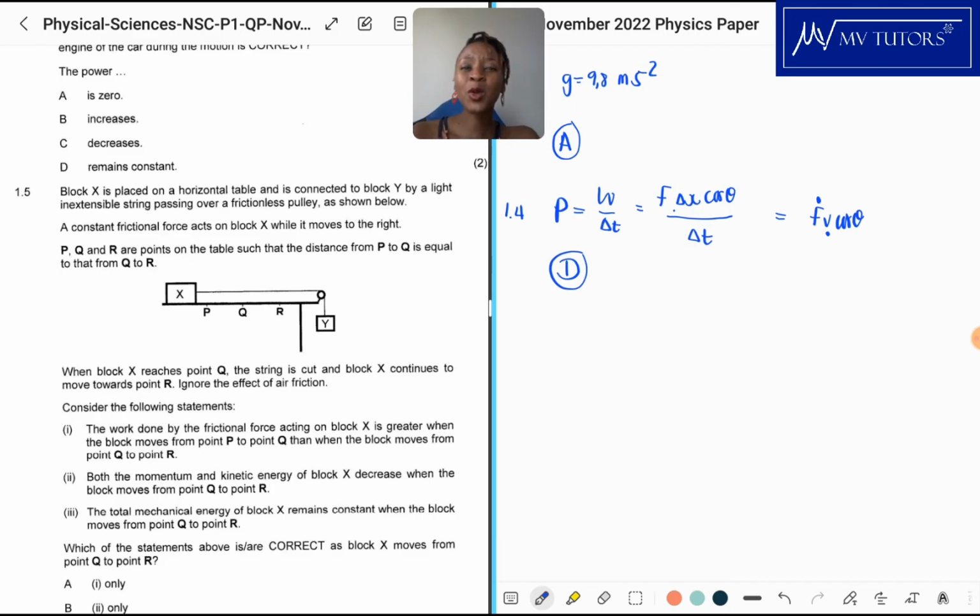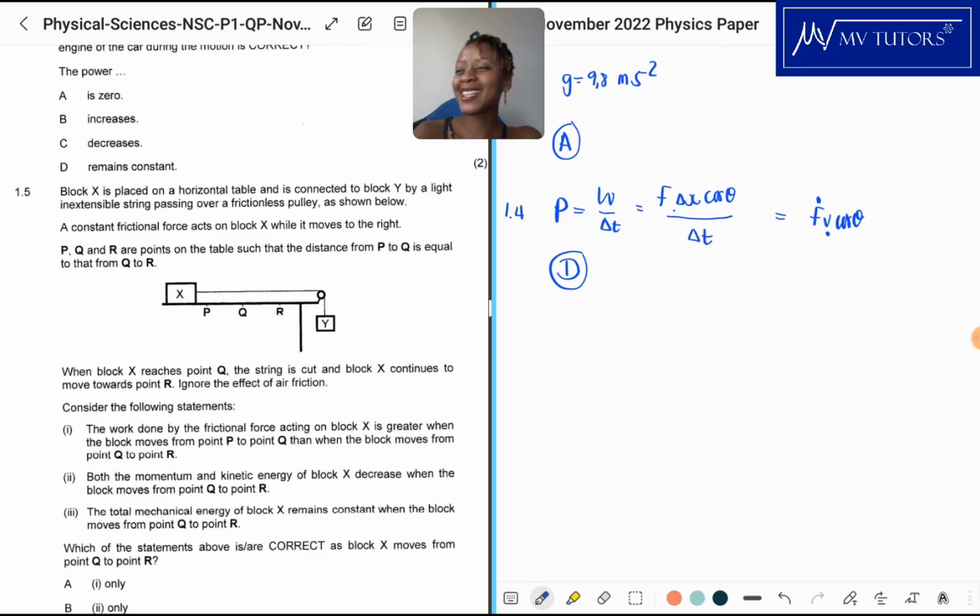And once block Y is cut, there's no force. So block Y acts like a force for block X, right? So if there was no friction, block X would have continued moving, but there's an external force called friction acting on it. So eventually it will stop after Q on its way to R.